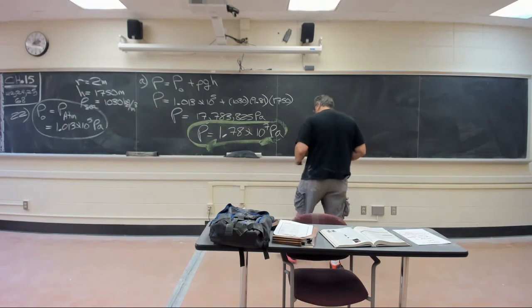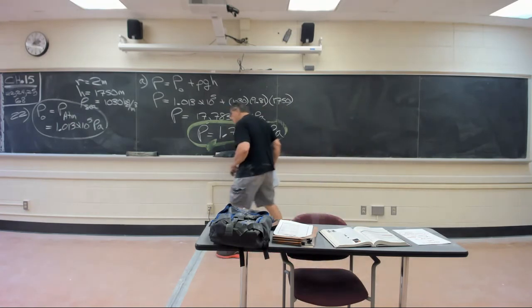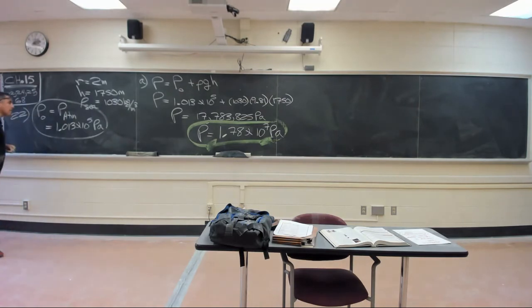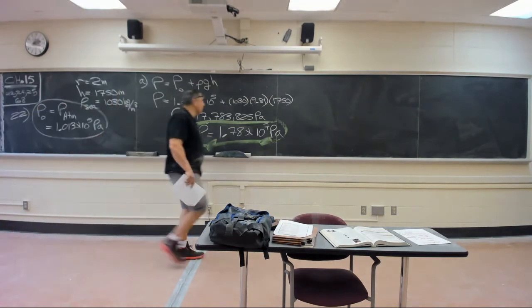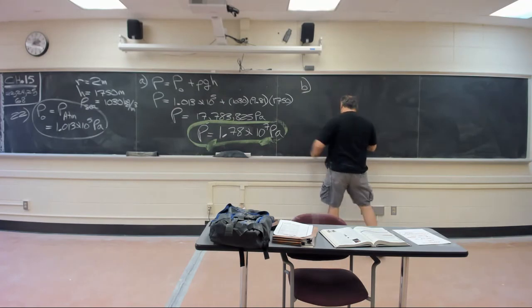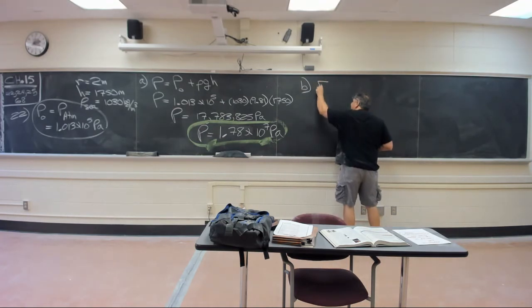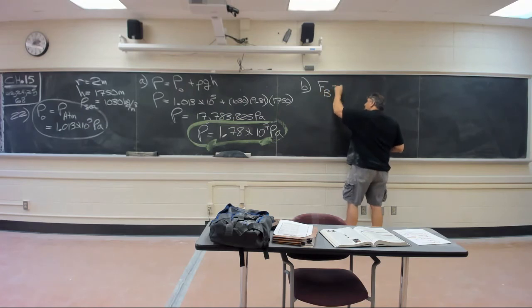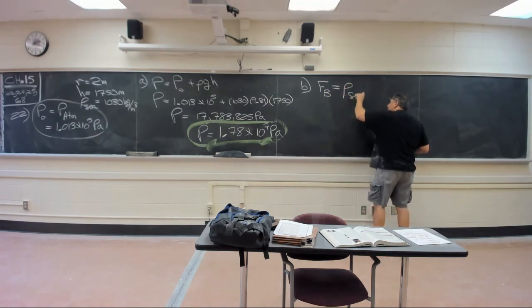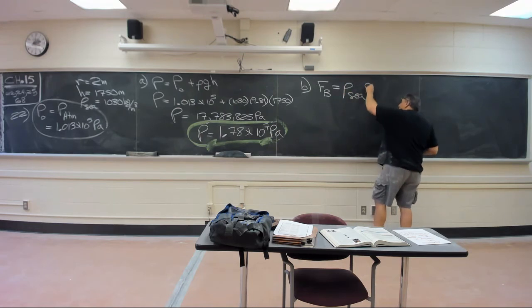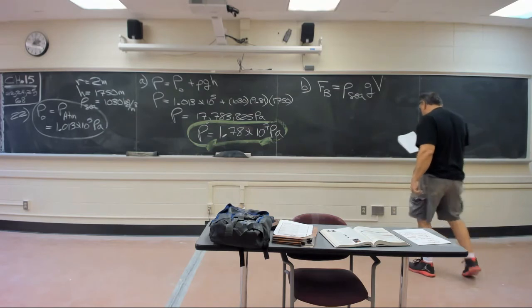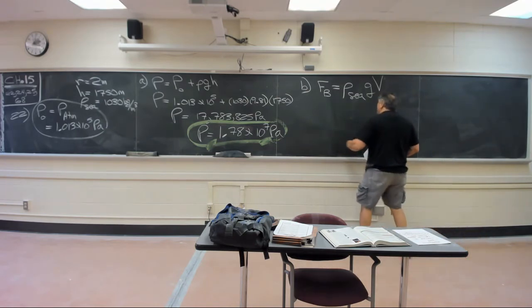What's the buoyant force? Buoyant force is F_B, rho of the sea, g V. Yeah, we've been there.